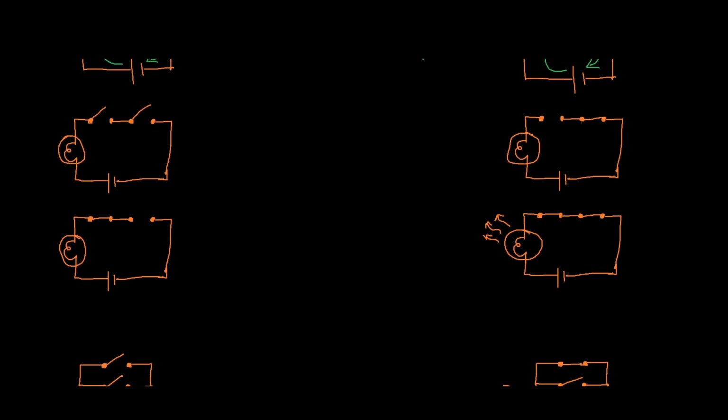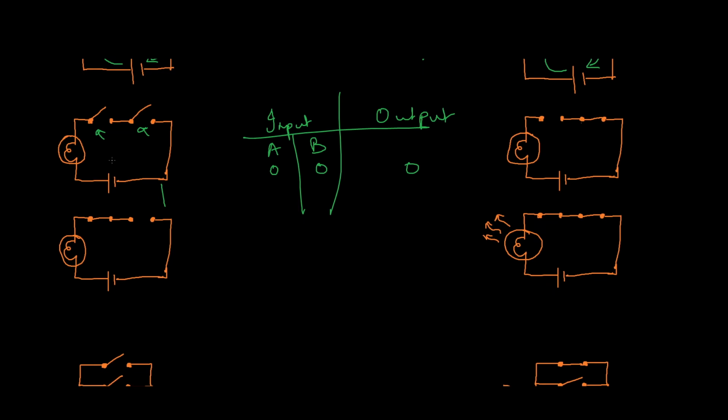If I move on to the next circuit, where I'm making it out of 2 switches, so 2 inputs. These 4 are the same circuits, just with different inputs. So if I write input and output, and since this time we have 2 inputs, we might do something like A and B. When I keep track of what happens here, when both of these switches are off, as in both of them are 0, my output is 0 because the bulb doesn't glow because the circuit is incomplete.